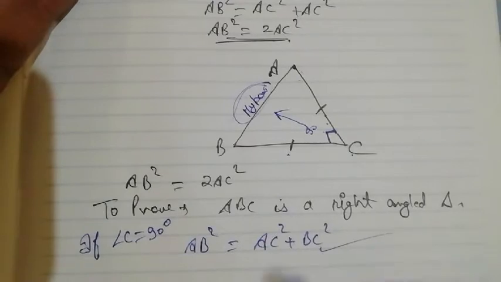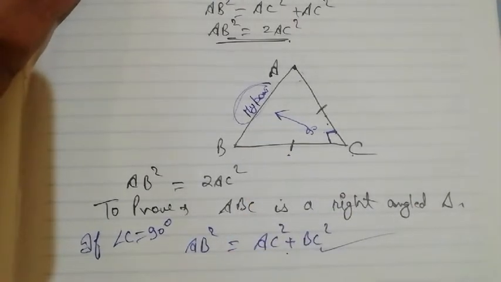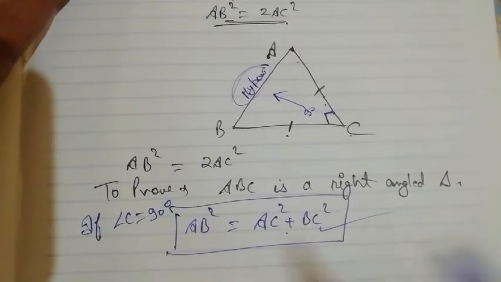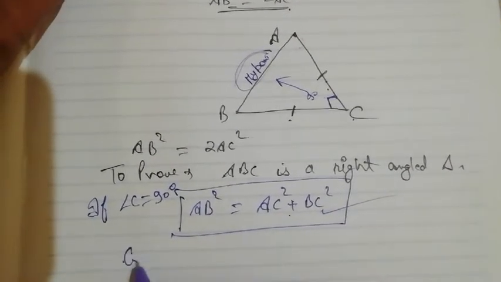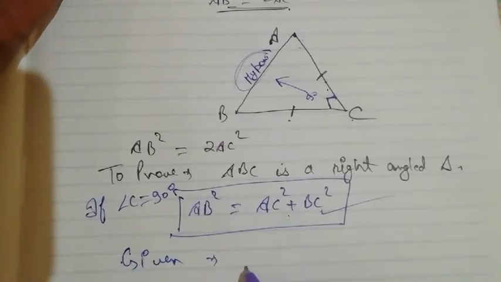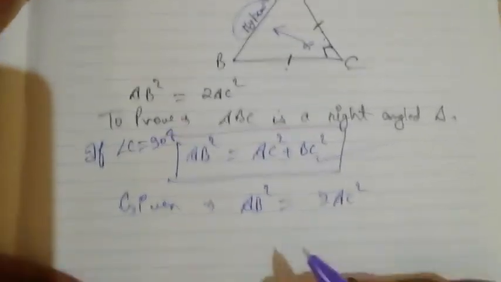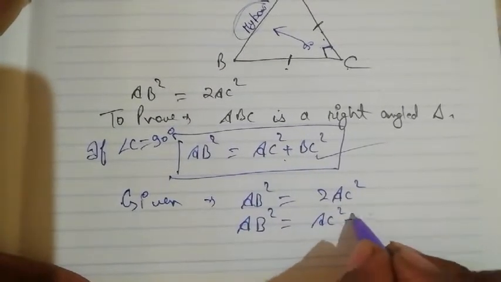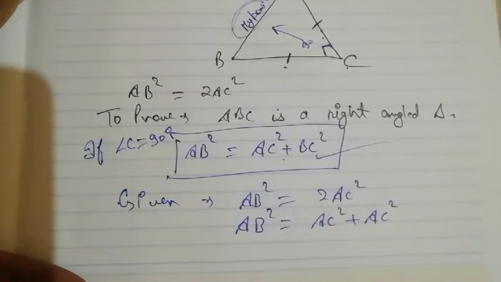So can we write AB square is equal to AC square plus BC square? If we prove this, then ABC is a right angled triangle. But it is given, look, AB square is equal to 2AC square. So can we write it as AB square is equal to AC square plus AC square?